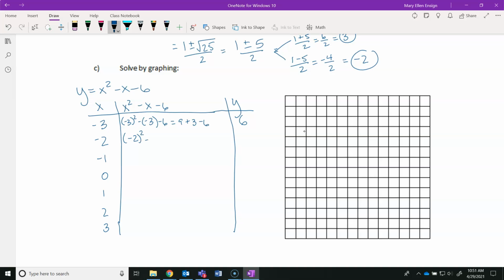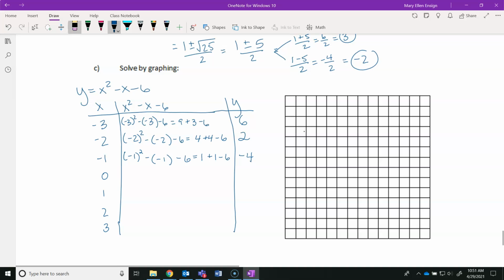And I have negative 2 squared minus negative 2 minus 6. 4 plus 4 minus 6. 8 minus 6 is 2. Then I do negative 1 squared minus negative 1 minus 6 equals 1 plus 1 minus 6. So 2 minus 6 is negative 4.